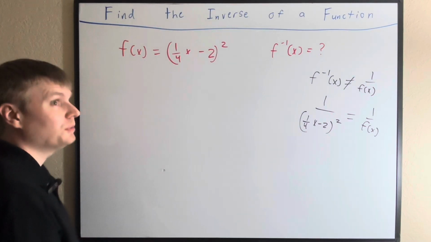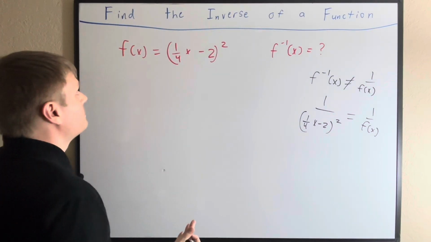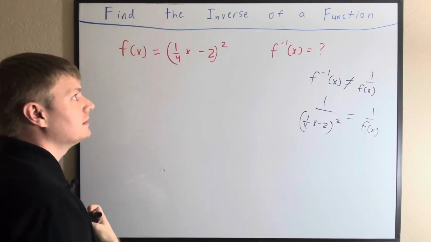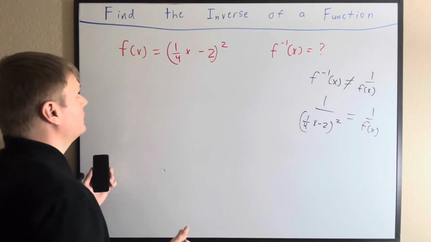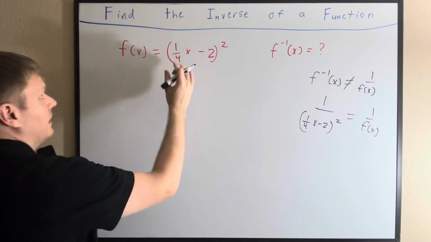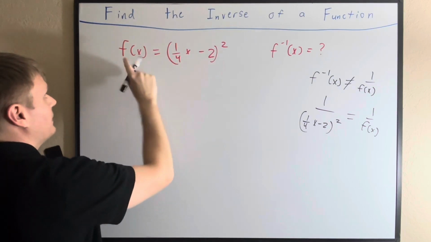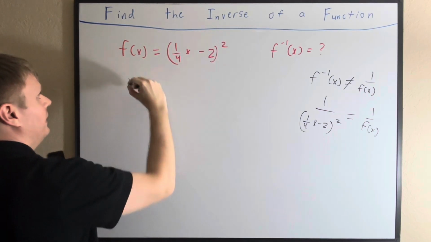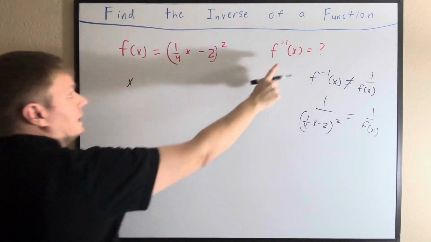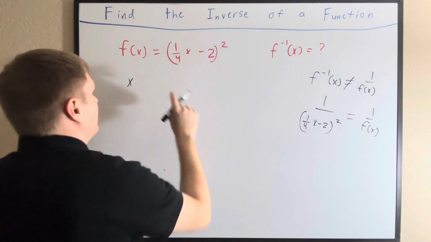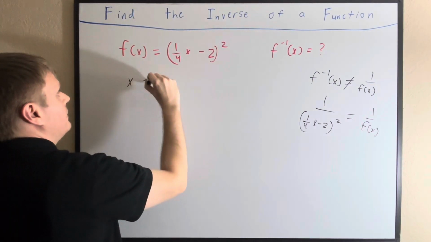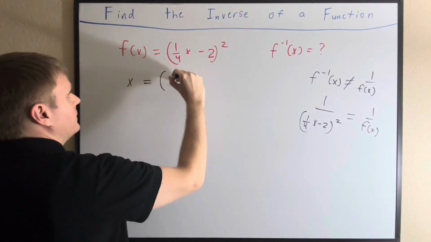Now, I don't know what your teacher would do, but for me, we're going to swap the input and the output, right? So I'm just going to rewrite this whole thing, but instead of putting f of x, I'm going to put x, because that's what we're trying to get, right? Our inverse function is still going to be in terms of x. And then equals, parentheses, 1/4.